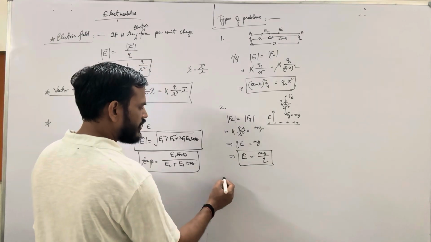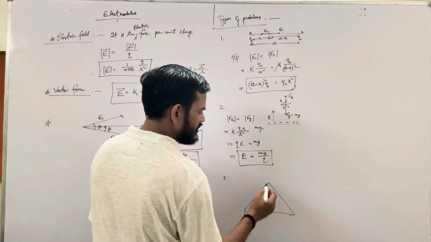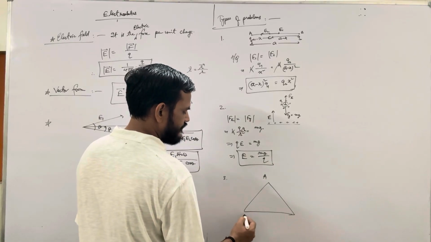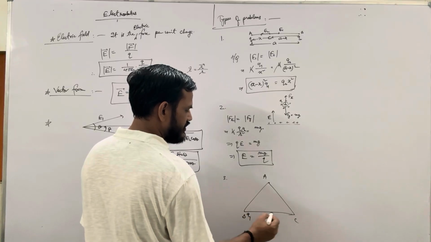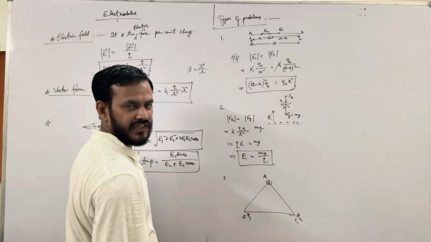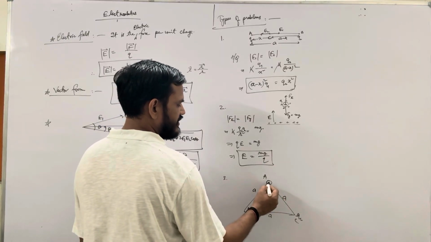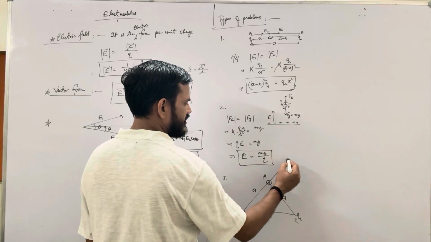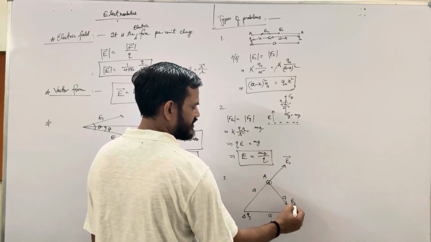Now the third kind of problem you get is similar to what we discussed in electric force. There is an equilateral triangle and you have charge q1 here, minus q2 here. You need to find total electric field at A. So this is A, it is an equilateral triangle. The electric field due to this will be along this direction, and due to Q it will be along this direction.